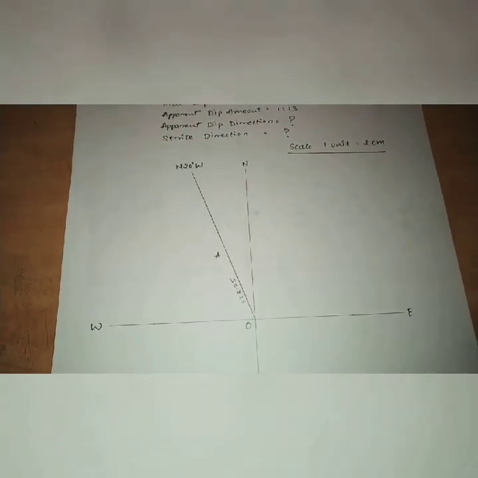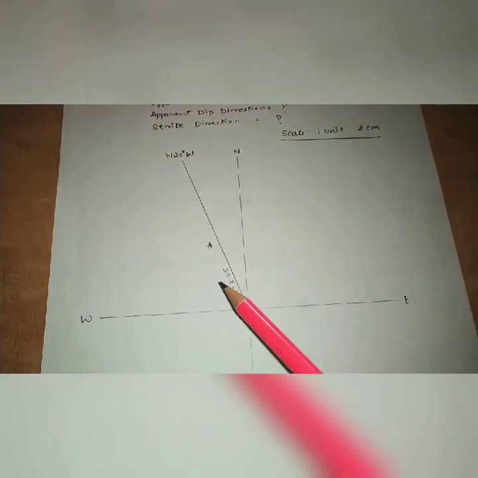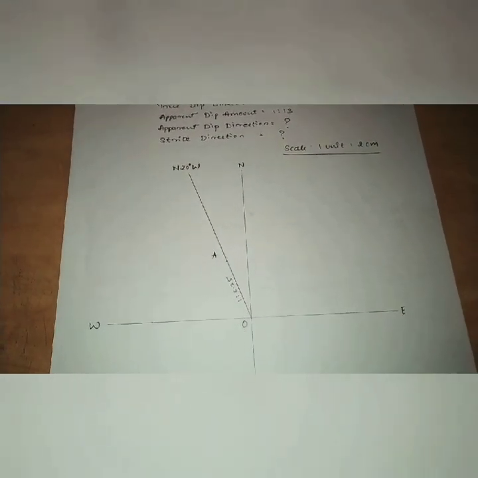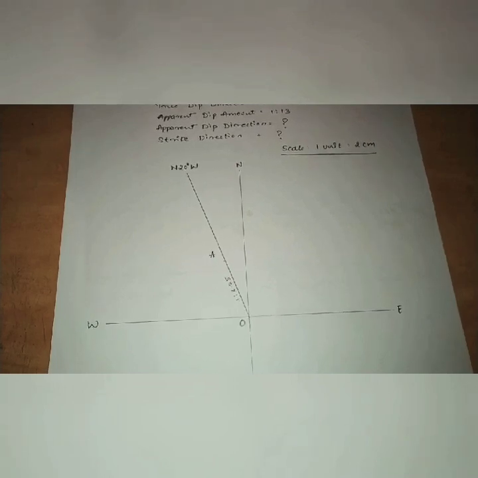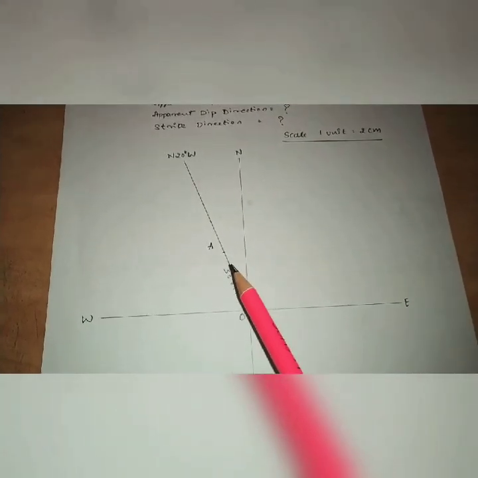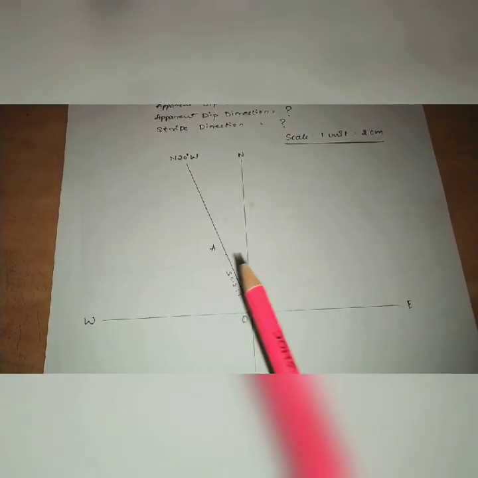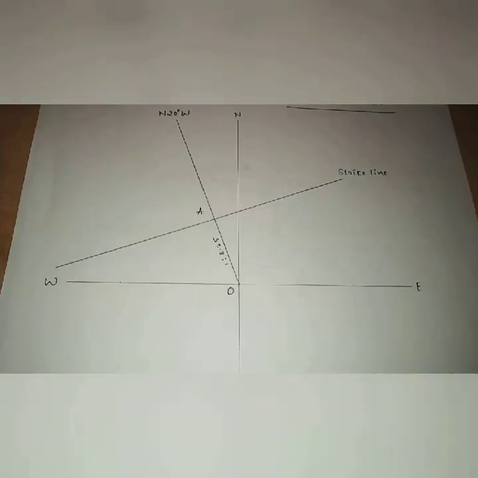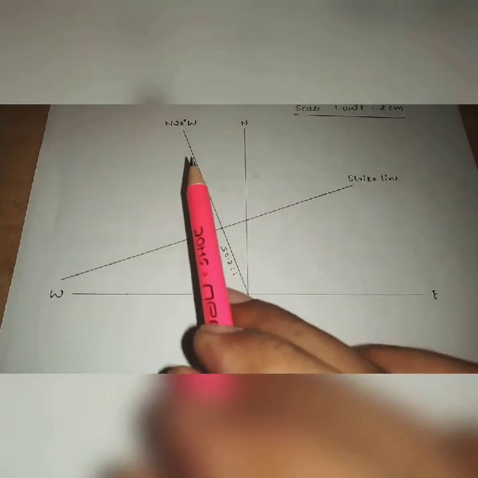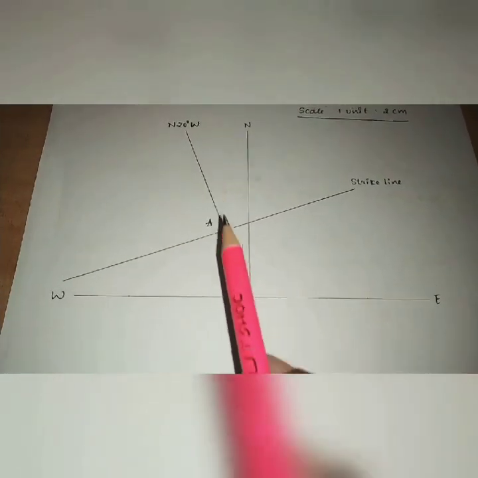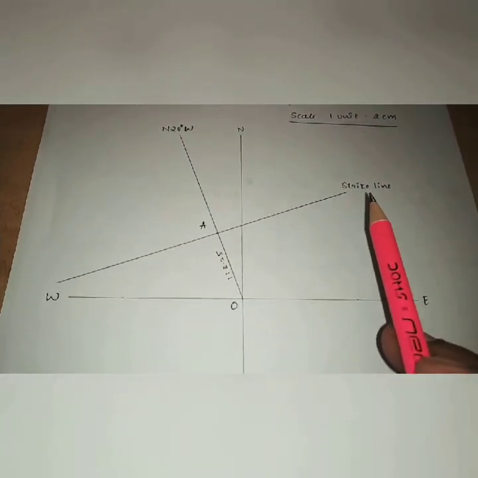You know the relationship between true dip and strike direction: they are perpendicular to each other. So we draw a perpendicular line to the true dip at point A. That is the strike line.